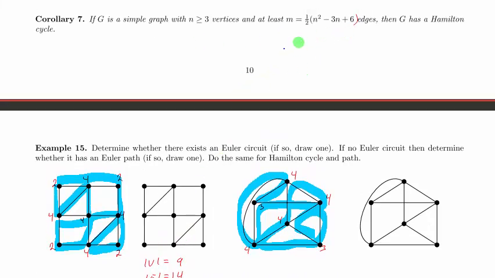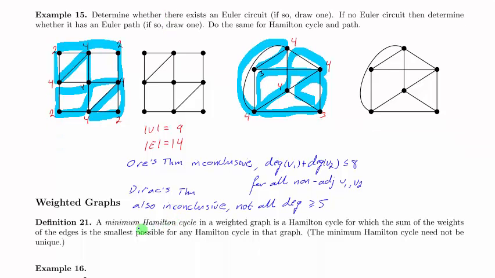If we look at how many edges we would need with the number of vertices that we have here, we're going to need 1/2 times 9 squared minus 3 times 9 plus 6, which is equal to 30 edges. Well, I don't have 30 edges here. I only have 14. So that corollary is also inconclusive. So none of those guarantee the existence of a Hamilton cycle.